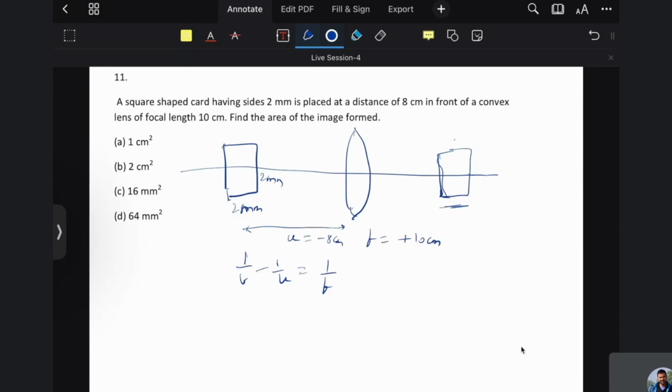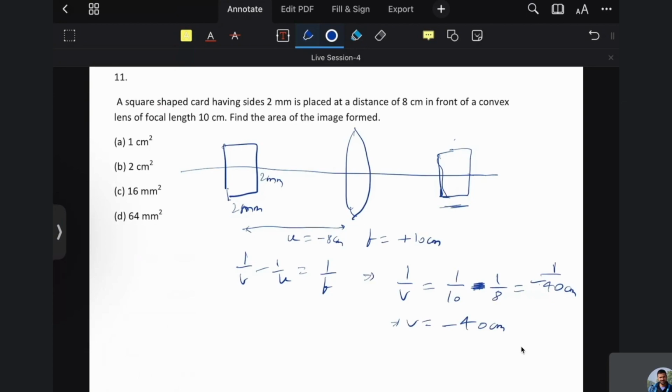So let's calculate the image distance, which is 1 by 10 minus 1 by 8. Sorry, it will come out negative, 1 by 40, so the image distance will be minus 40 centimeter.